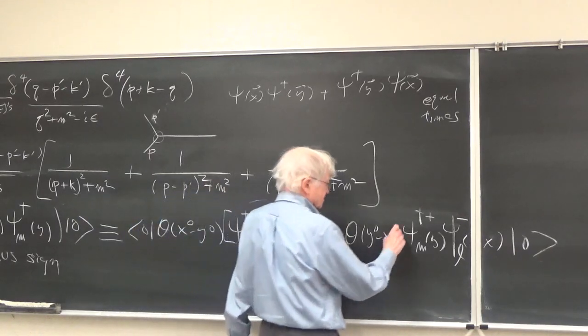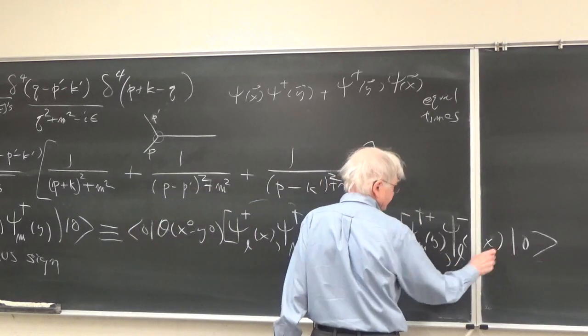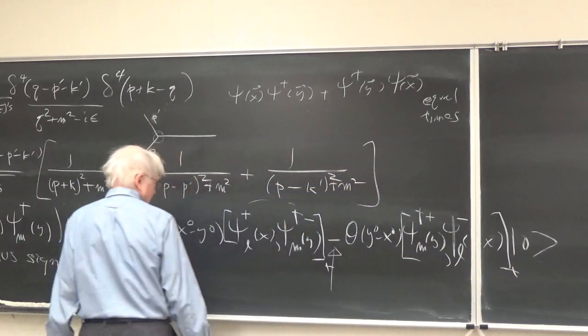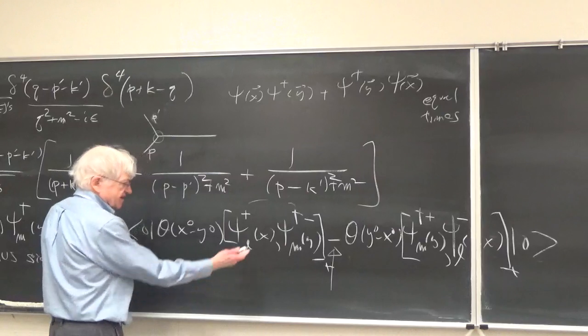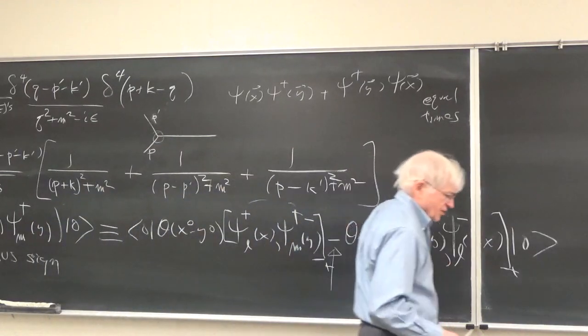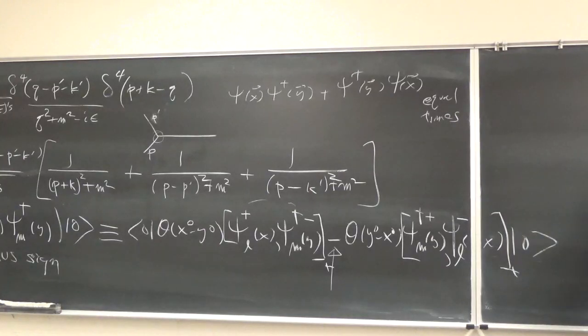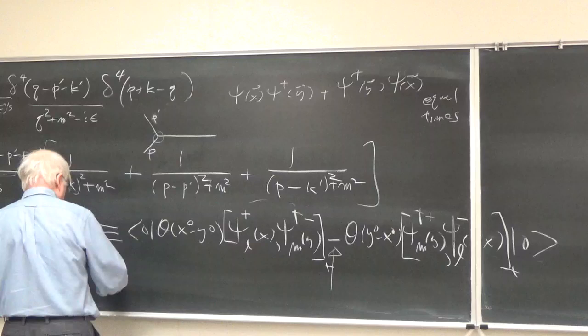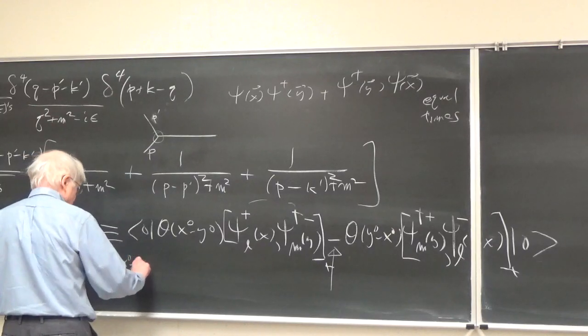We can convert this to an anti-commutator without changing anything. Once it's an anti-commutator, this is just a C number in the vacuum state, just sails through and gives you unity.